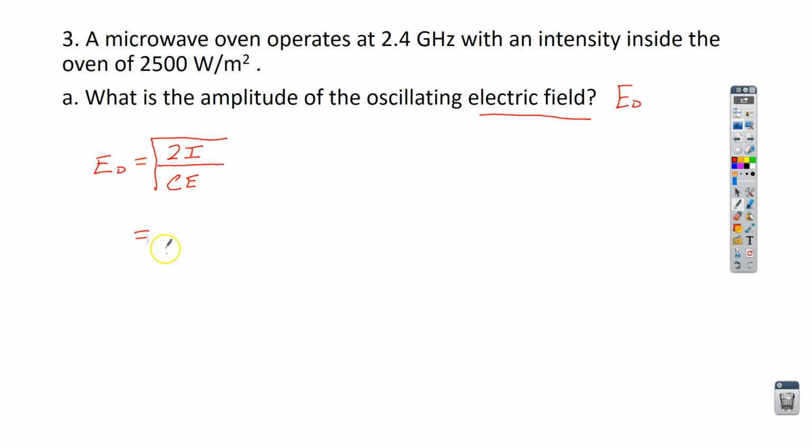If we end up doing that, we're going to do 2 times our intensity, and our intensity here is 2,500 watts per meter squared. We're going to divide that by 3 times 10 to the 8th meters per second, and then we have 8.85 times 10 to the negative 12th, and that is our epsilon naught value.